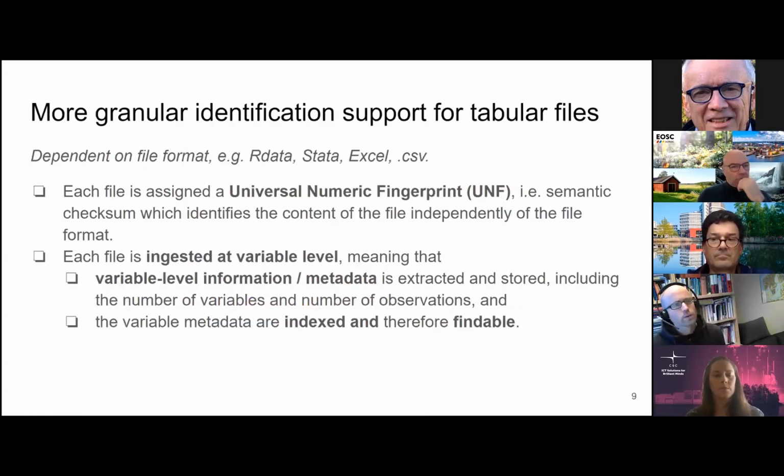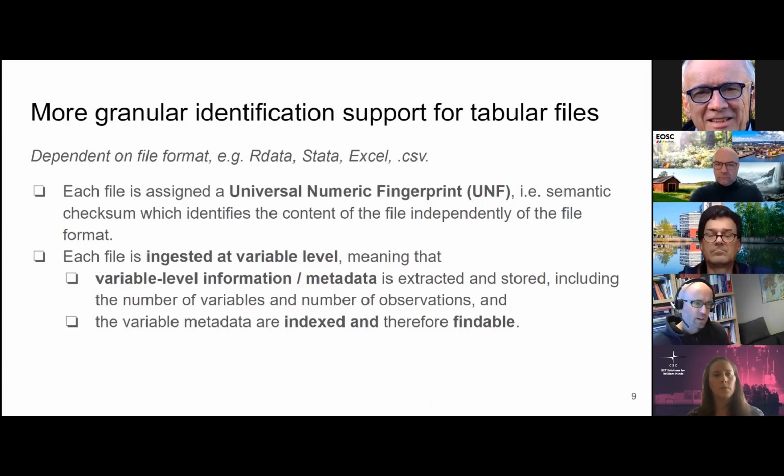Then there is some more granular identification support for tabular files. So this is dependent on the file format. It's supported for instance for RData, Excel, CSV, which means that each file of this type is assigned a universal numeric fingerprint, UNF, which is a semantic checksum, which identifies the content of the file independently of the file format.